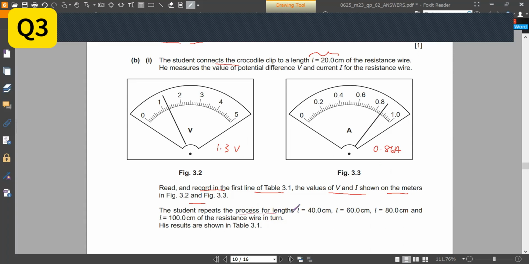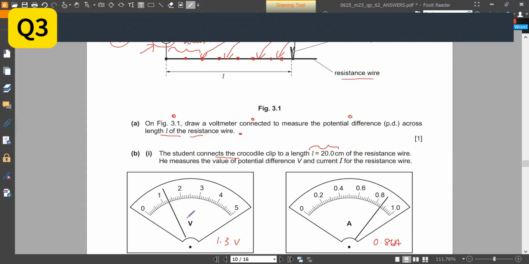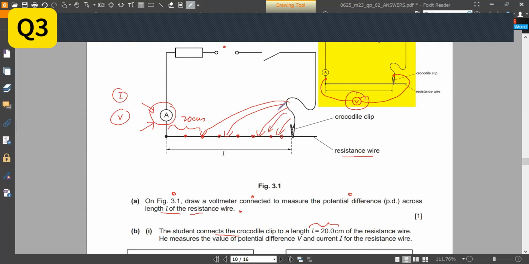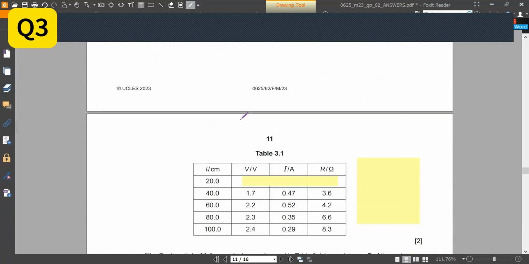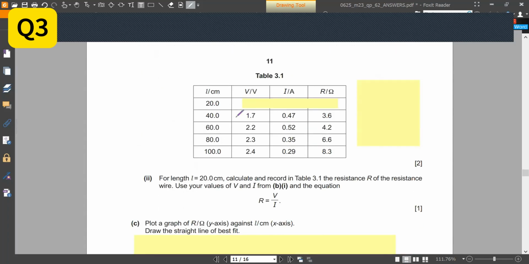And then repeat the process for different lengths of the wire. So this is the table that we will get. So voltage 1.3, current 0.86. Next question.